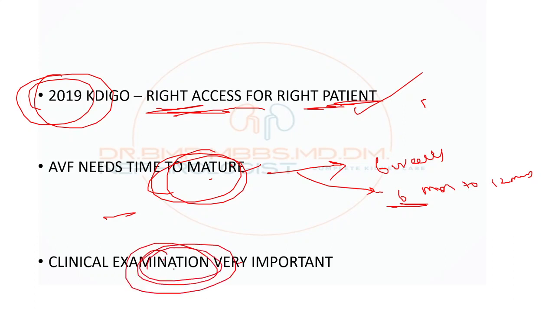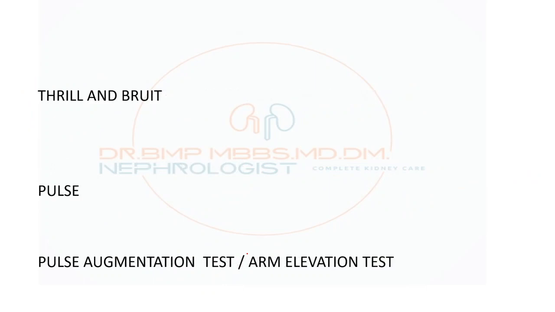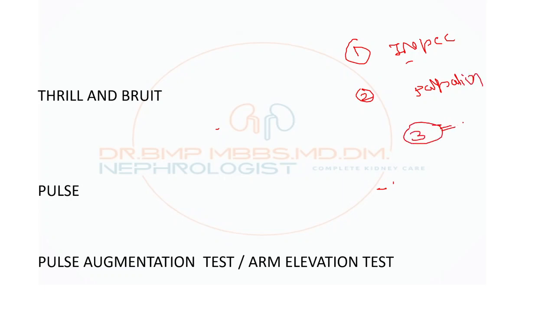And clinical examination is very, very important from the patient point of view for the fistula, to detect whether it is suitable, whether it is functioning well or not. How to detect it? By inspection, then palpation, then by two specific tests, the pulse augmentation test and the arm raising test.